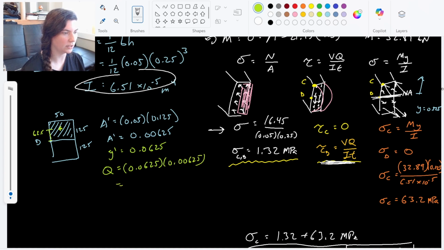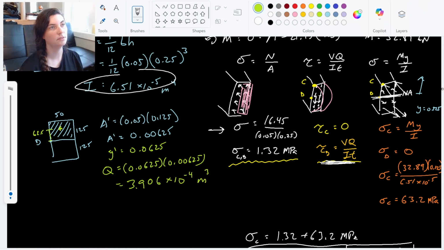Punch it into my calculator to get 3.906 times 10 to the negative fourth. Excellent. That's my Q value.